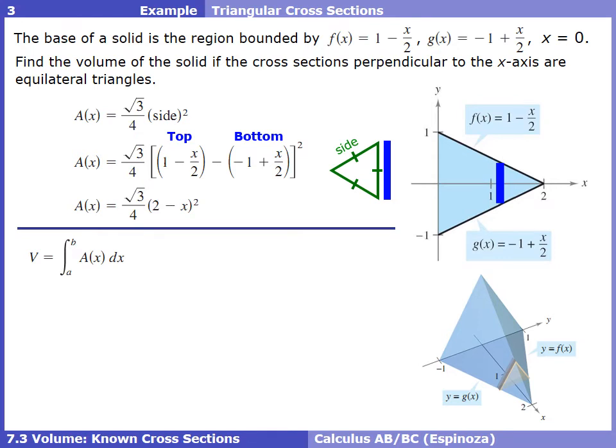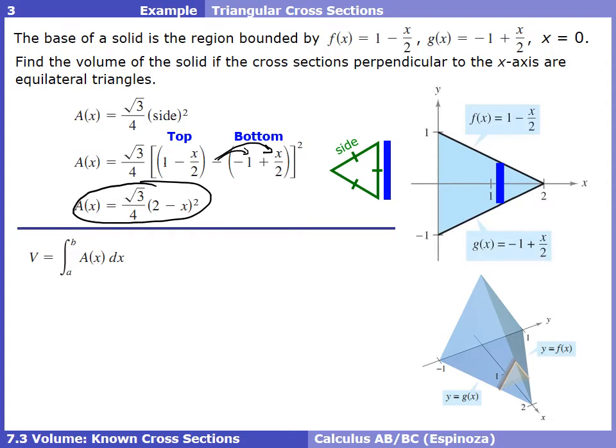We have a 1 and then a negative that needs to be distributed, so that becomes plus 1, that's a 2. Here we have a negative x over 2 minus an x over 2, which would just be a negative x. Don't forget, all of that needs to be squared, and that's the area of these triangles. The area of each of the triangles we're dealing with here is given by this function.